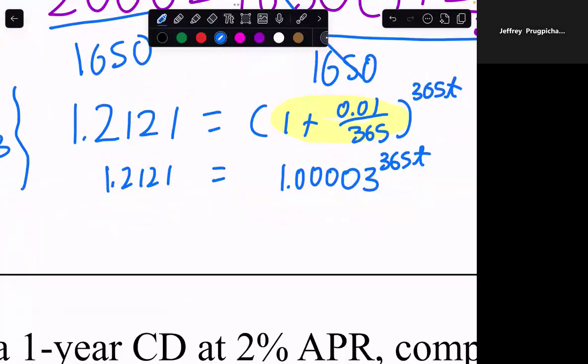From here, we want to cancel out the 1.00003, so we take the log base 1.00003 of both sides.